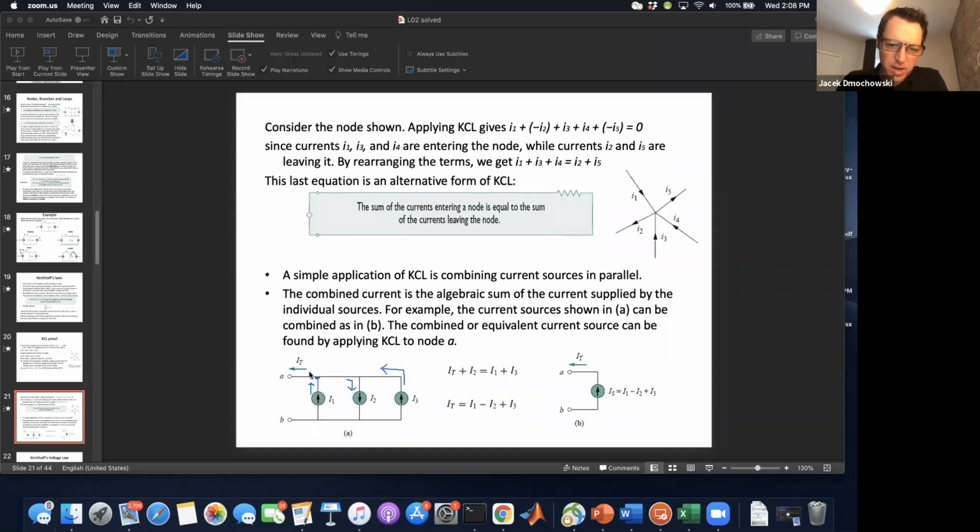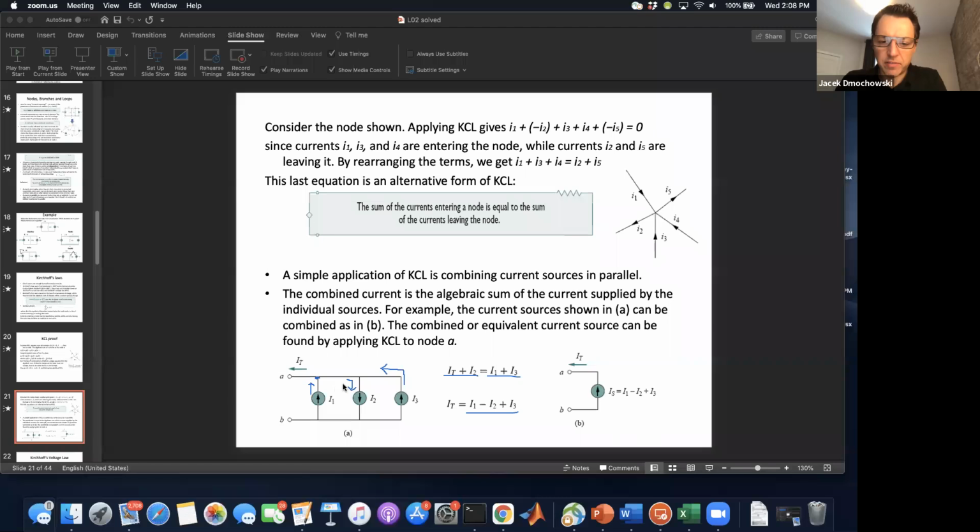So IT and I2 are leaving this node, and I1 and I3 are entering that node. So in other words, the value for IT is I1 plus I3 minus I2.